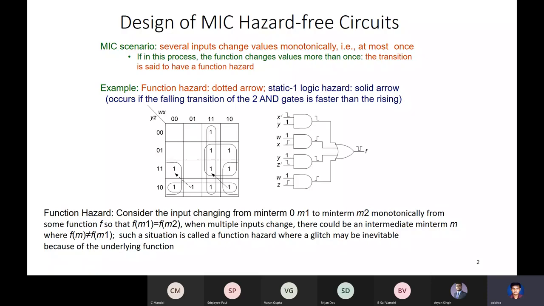So now if we look at these transition cubes for all the transitions, look at all these paths. By the way, this transition would be static if the starting and end are the same, so 1 static or 0 static. It would be dynamic if the start and end are complements, so 1 and 0 or 0 and 1.